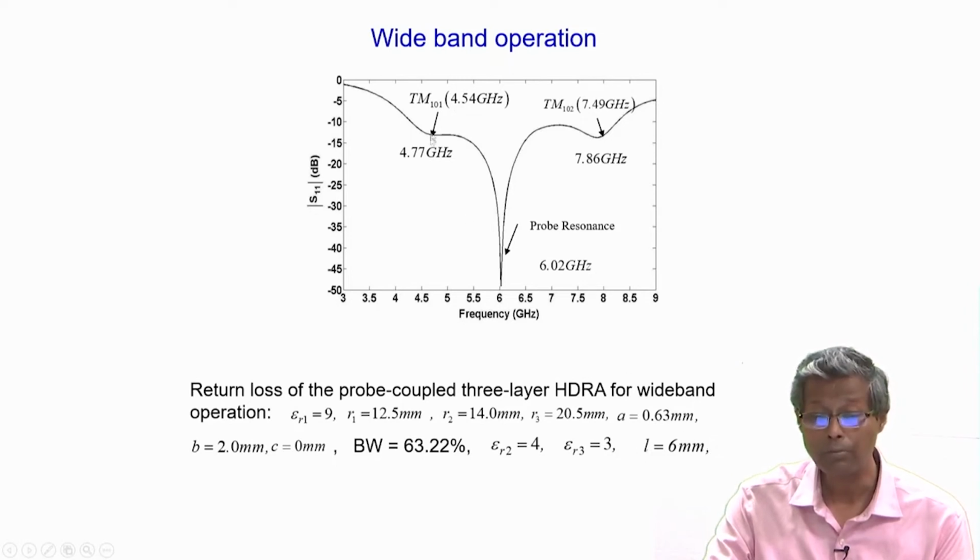So, you see the first dip is contributed by the TM101 mode, the third dip is contributed by the TM102 mode. Again you see that the value of P is different, so that we have a shift in resonant frequencies, but the field distribution does not change from here to here, and here is the probe resonance.